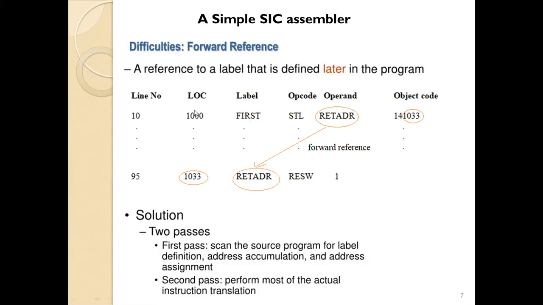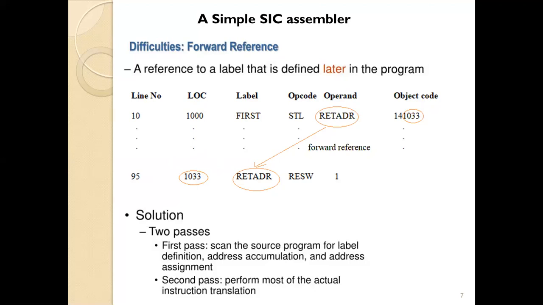1003. Like that, you have to assign machine addresses for all the instructions or the labels. That is what we'll do in the first pass. We'll assign machine addresses for all the labels. And in the second pass, we'll perform the actual translation of the source program into the object program.